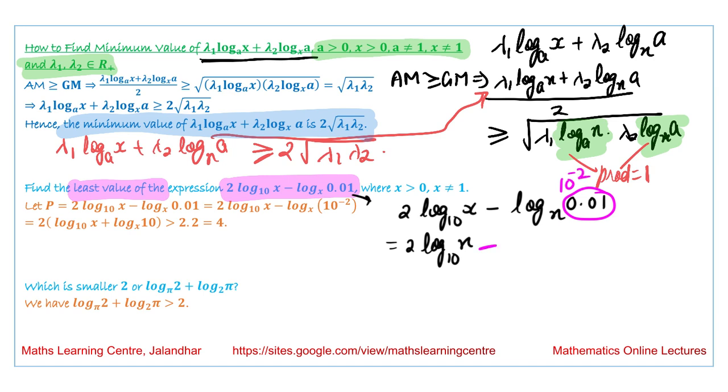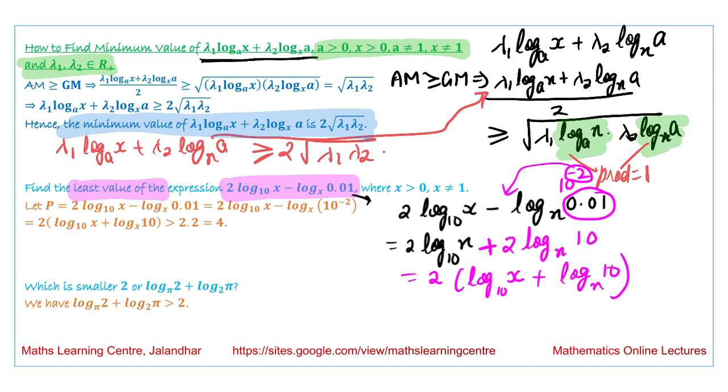So this becomes plus 2, and it comes out as 2 times log x to the base 10 plus log 10 to the base x.